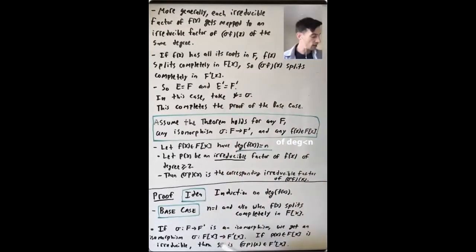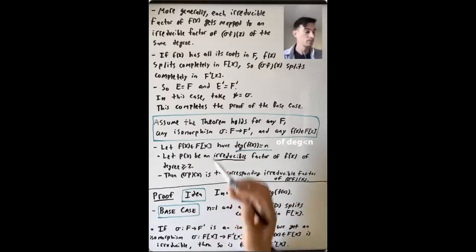So you can factor f of x into irreducible polynomials. They have some set of degrees, and you apply this ring isomorphism, and you can factor sigma of f into irreducible polynomials, and you get the same number of factors of each degree. There's this correspondence between the factors on each side.